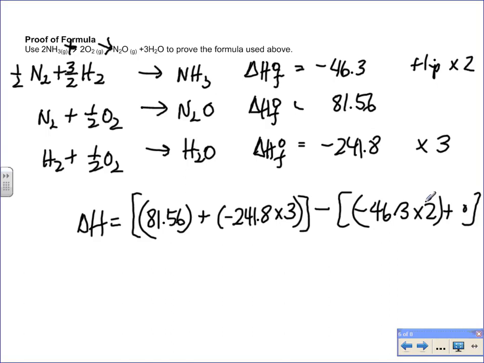So that shows you that our formula of taking the heats of formation of our products and subtracting the heats of formation of the reactants is simply an application of Hess's law being applied to the heats of formation. You don't need to be able to reproduce this proof, okay, but hopefully it gives you comfort in knowing that this formula, heats of formation of products minus reactants, does actually work.